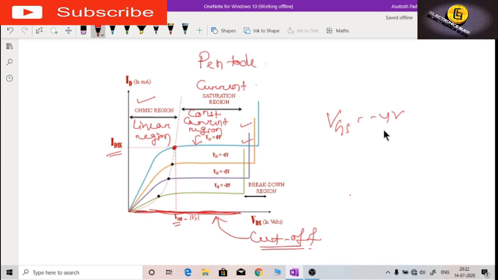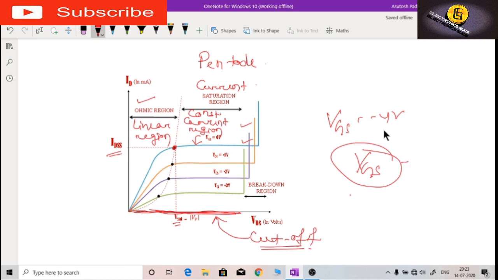This is all about the static characteristic of the n channel JFET, in which we have studied the output characteristic curve. That means the relationship between VDS and ID, in which we have seen that the gate voltage, that is VGS, is going to control the overall behavior of the n channel JFET.